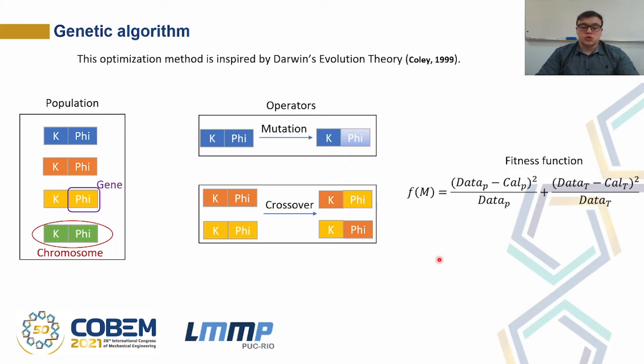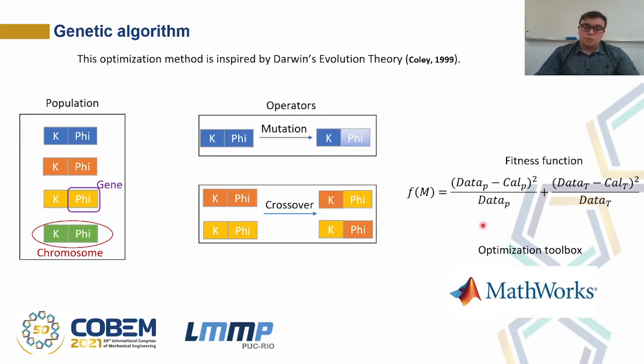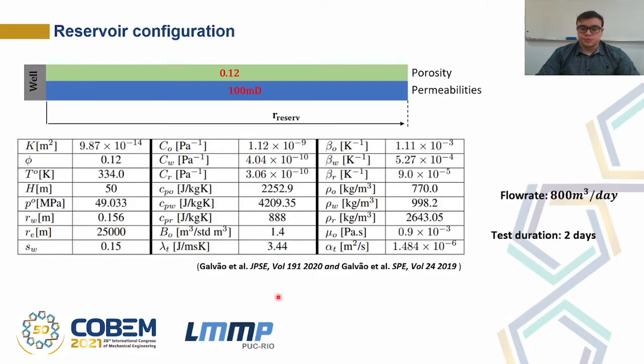The fitness function used was the quadratic error between the observed data and the calculated data divided by the calculated data. This fitness function was used to avoid scale problems, and the optimization toolbox from MathWorks was used because it has this genetic algorithm implemented, and the crossover fraction was set to 80% with good results.